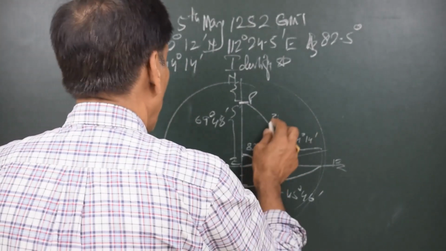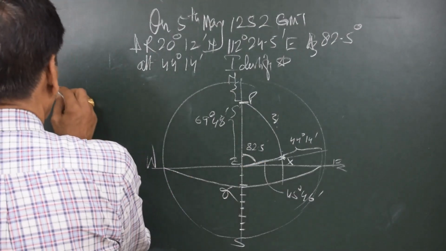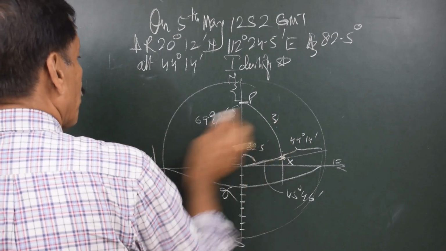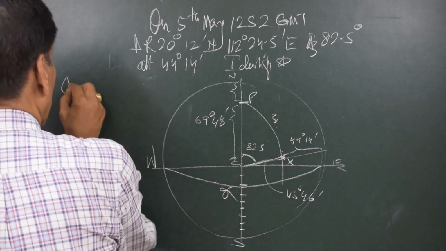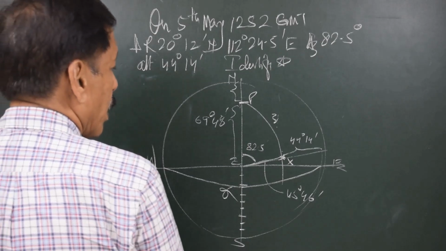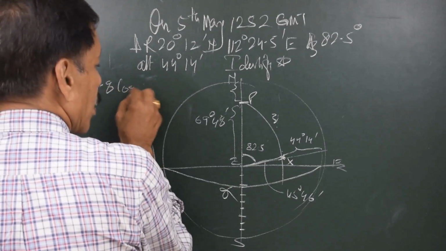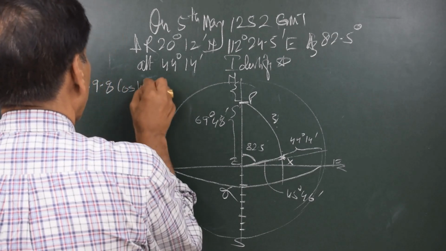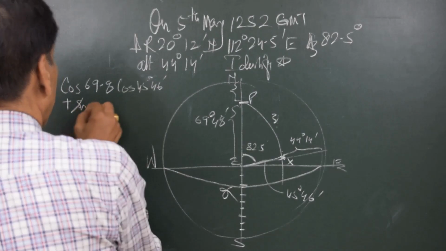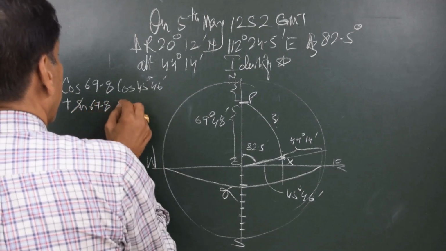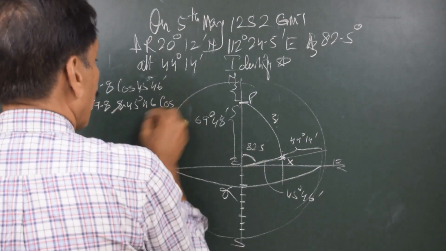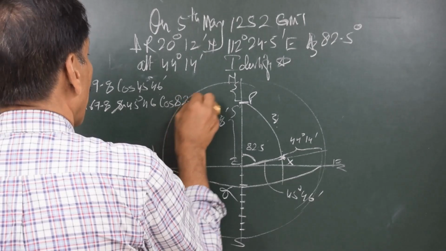So we can write down the cosine formula for small z: cos of small z is equal to cos of the other sides, that is cos 69.8 cos 45 degrees 46 minutes, plus sine 69.8 sine 45 degrees 46 minutes cos of the opposite angle, that is 82.5 degrees.